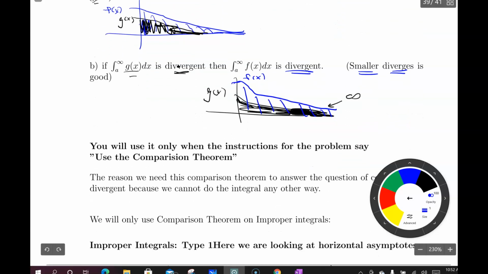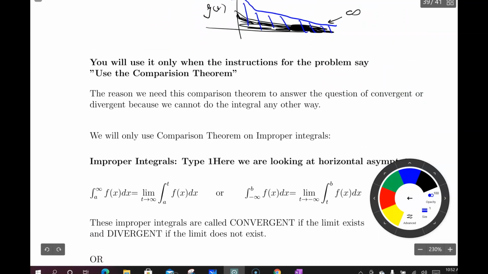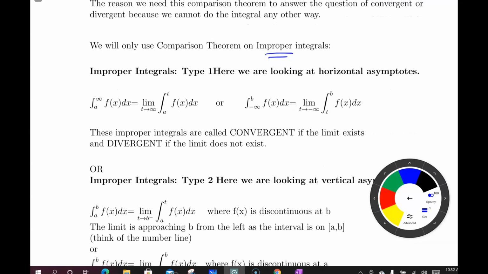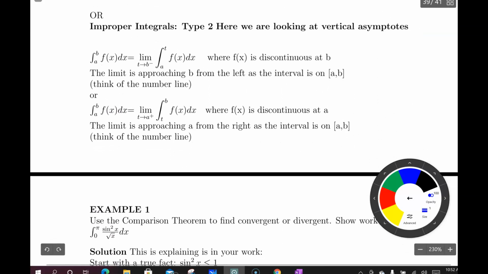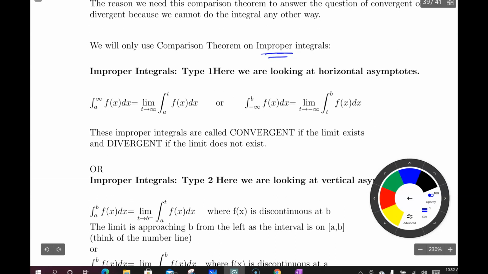So this comparison test or comparison theorem, when we're dealing with improper integrals, you'll be asked to use the comparison theorem. Remember to only use it when the instructions say use the comparison theorem, because I still want to see you do the integral on many of them. I'm only using the comparison test on improper integrals.